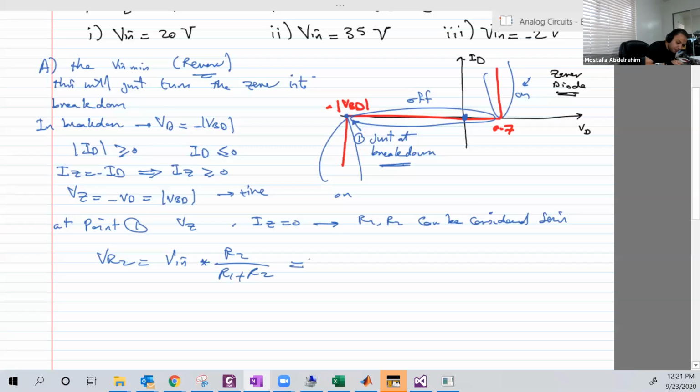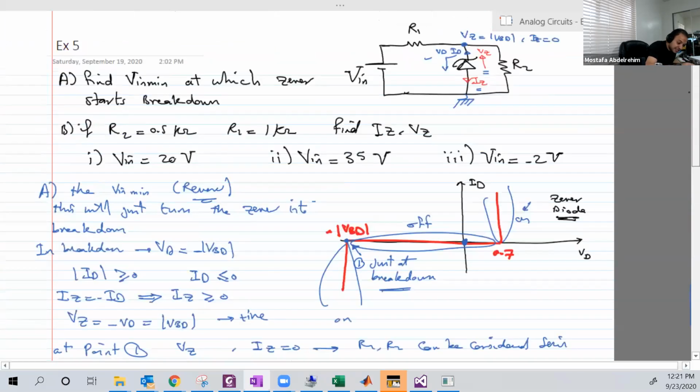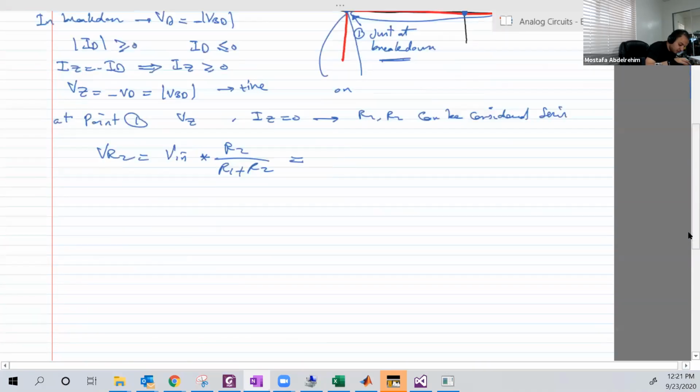At the same time, since the voltage on R2 is equal to VZ, and they are in parallel, the Zener voltage is equal to VZ as well, or the absolute value of the breakdown voltage.